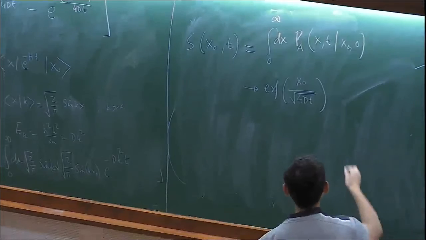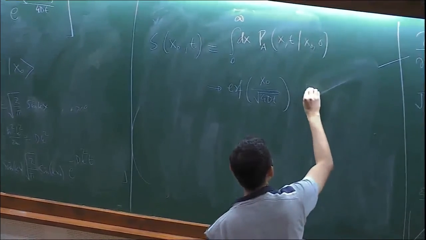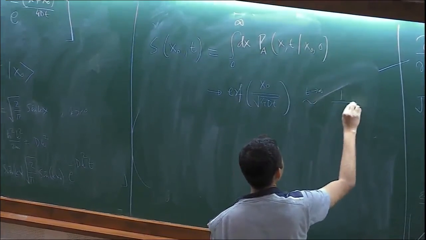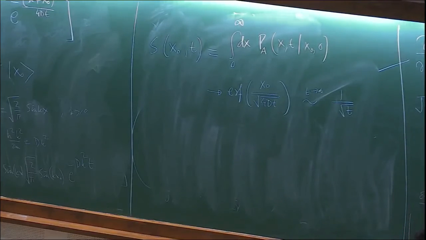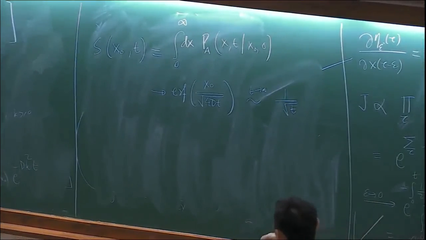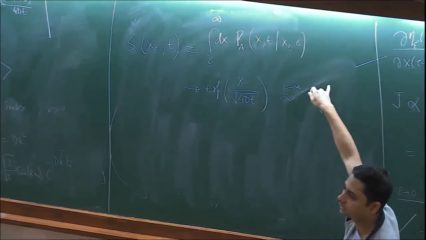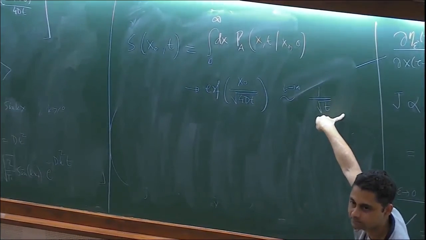So you see that at large time, the survival probability goes like 1 over square root of t. So this is the survival probability. Did Abhishek talk about this one? No. Okay. You will see that even if you do the random walk, this scaling goes like 1 by square root of n.